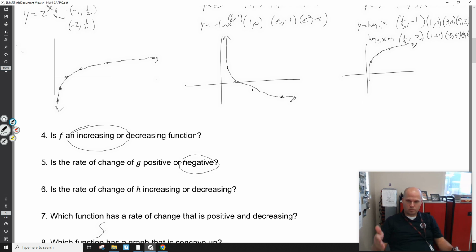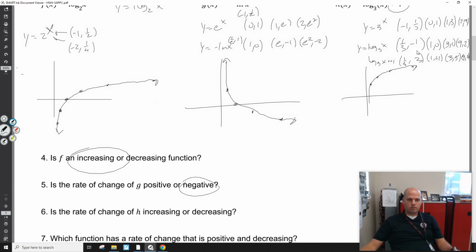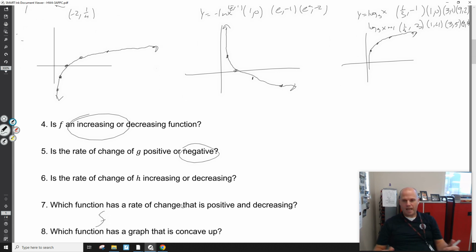Rates of change are slopes. Slopes negative means the function is decreasing. Is the rate of change of H increasing or decreasing? Rate of change increasing or decreasing, that's when we talk about concavity. The rates of change are decreasing because we are increasing at a lesser amount every single time. So the rates of change are decreasing, or you think about H as concave down.